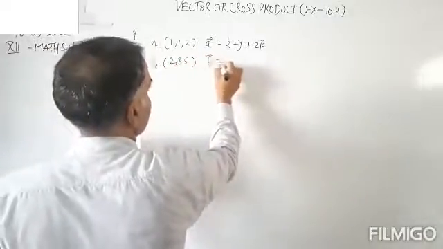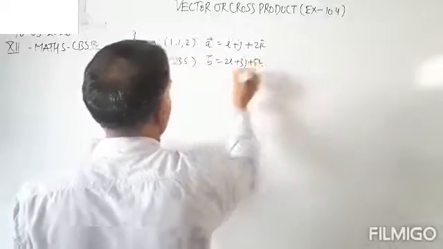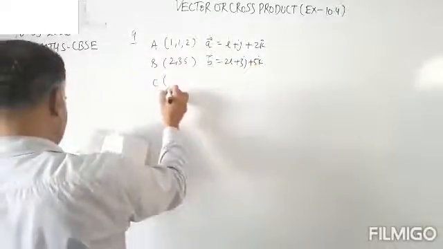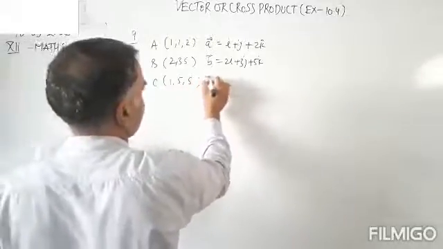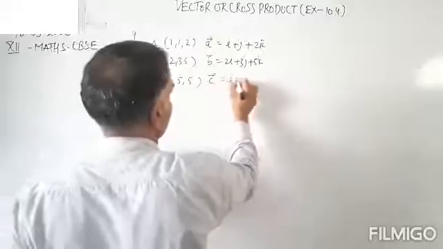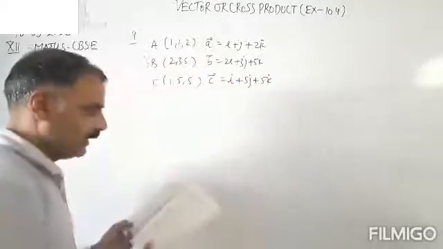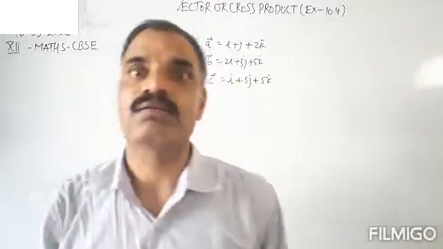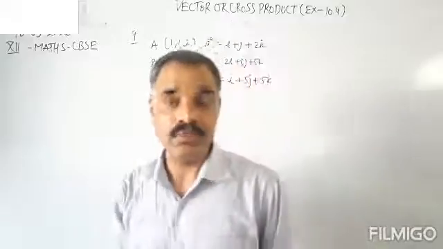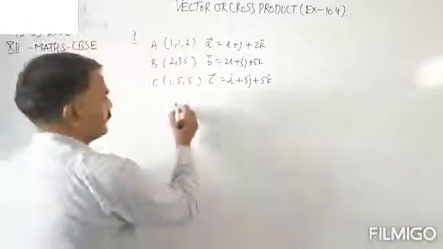So B vector equals 2i cap plus 3j cap plus 5k cap, and the point C is given as 1, 5, 5, that is C vector equals i cap plus 5j cap plus 5k cap, and we have to find the area of this triangle whose vertices are given, not the sides.